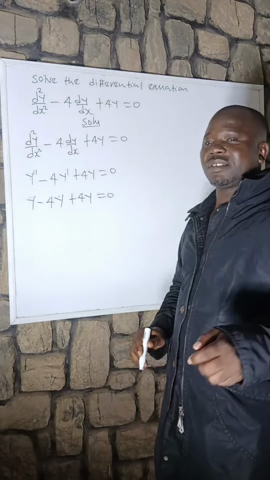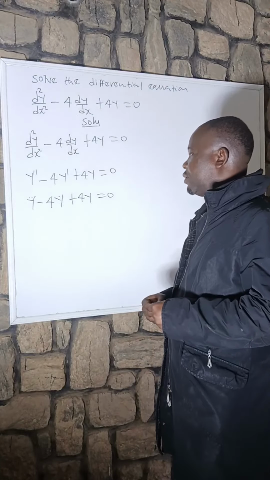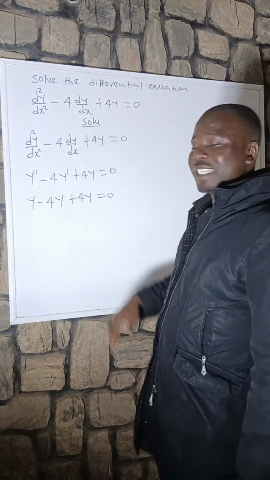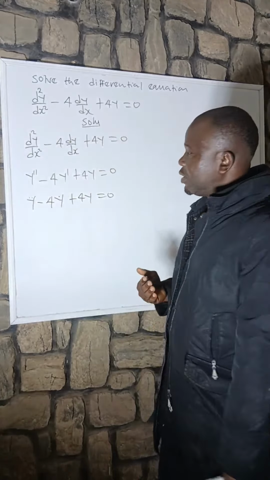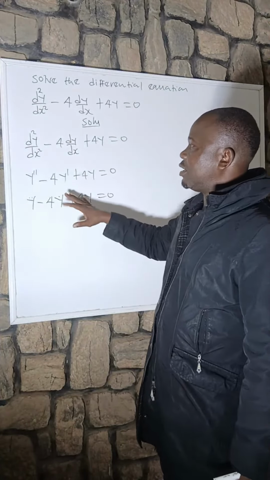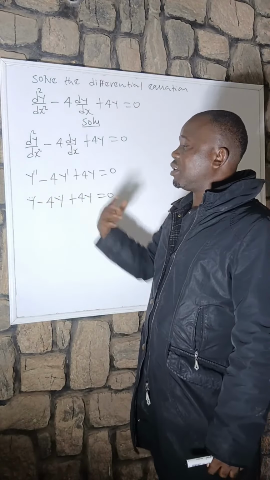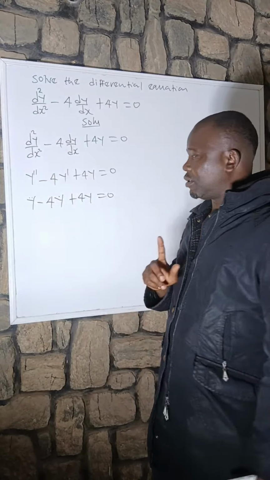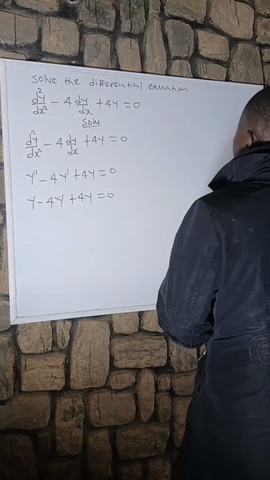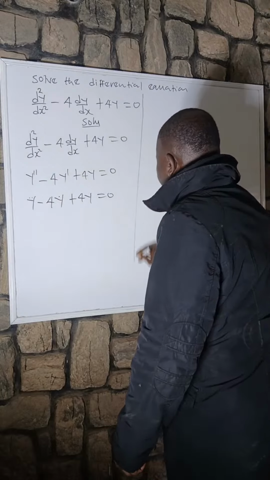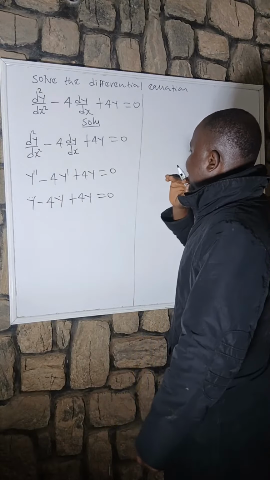So don't get confused. Any one of these you see, the same approach is what you are going to use. When you are differentiating, you just change the notations. Take note. So if you agree with me, let's look at it together. Let us consider this.